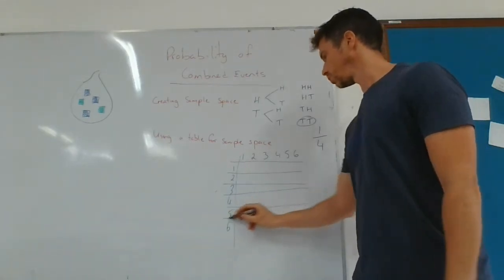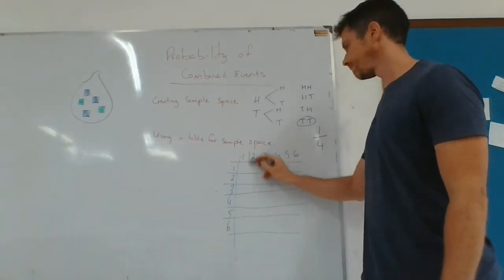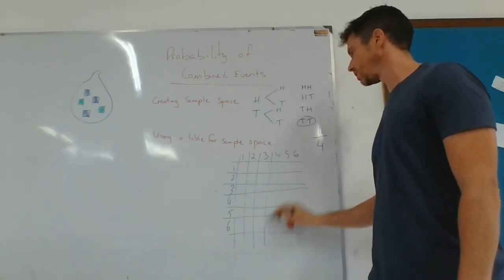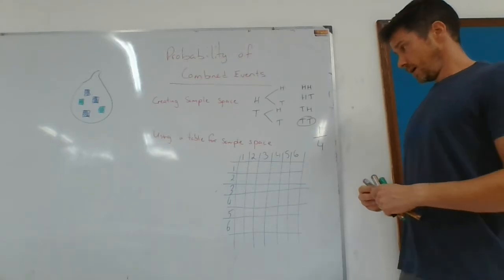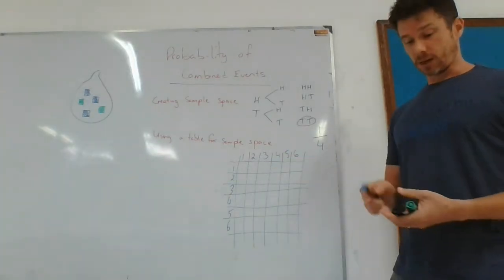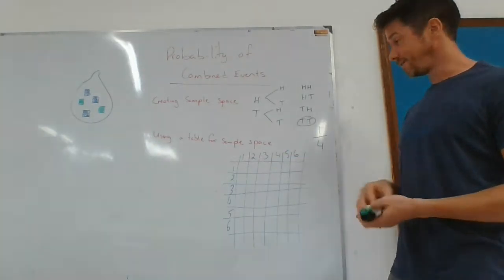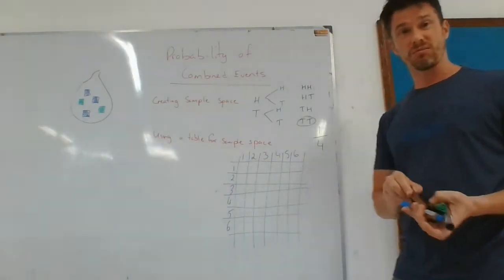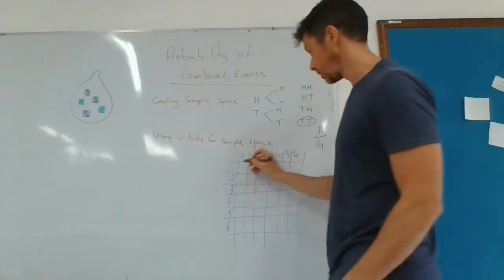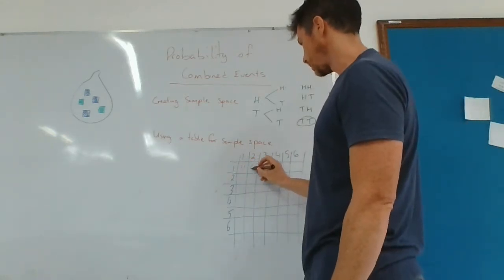So remember, these are 2 rolls of dice. So what I'm going to do is put them together. If they ask you for a combined total, you would add 1 plus 1, but I'm just seeing the different outcomes. So that's getting a 1 and 1, that's getting a 1 and 2.